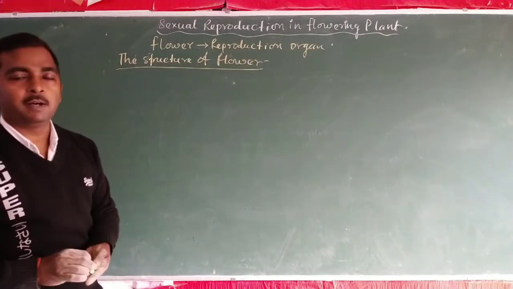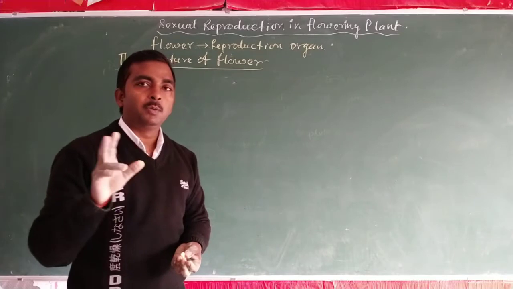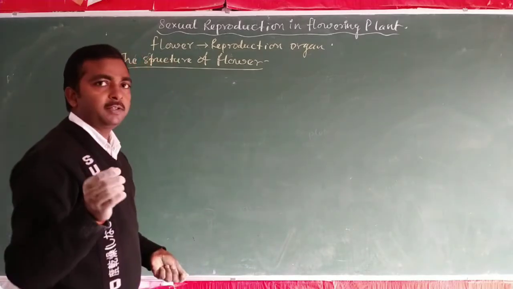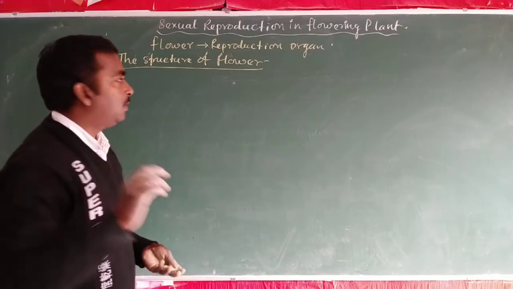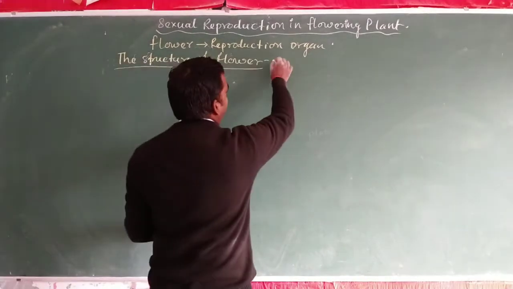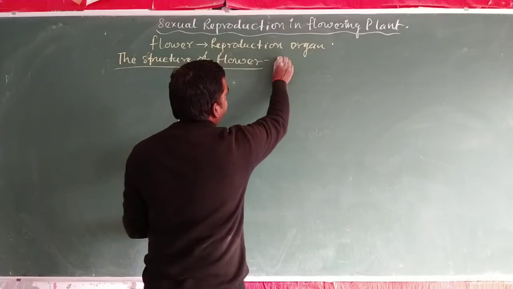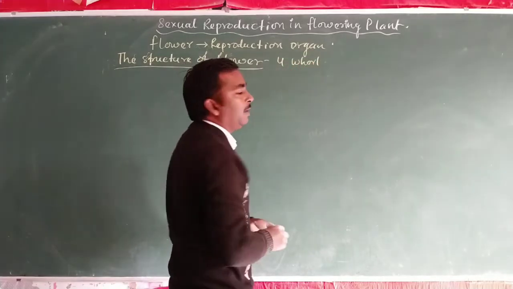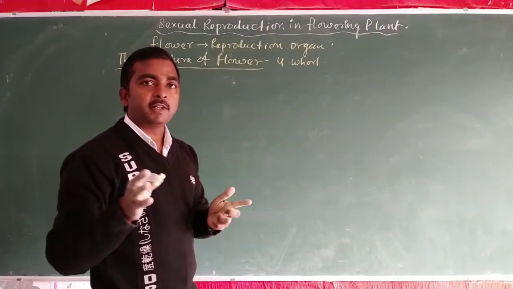The structure of flower consists of two components. The first is the floral axis, on which the different floral parts are arranged, and there are four whorls of flower arranged on the stalk of flower.